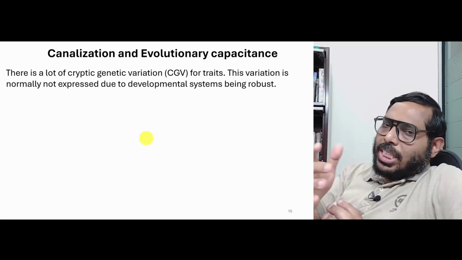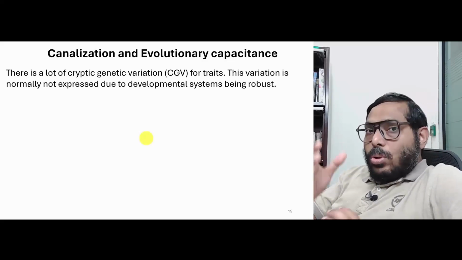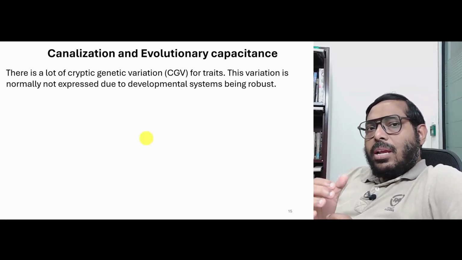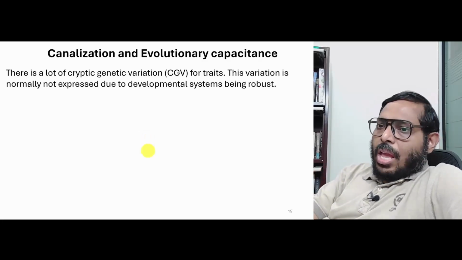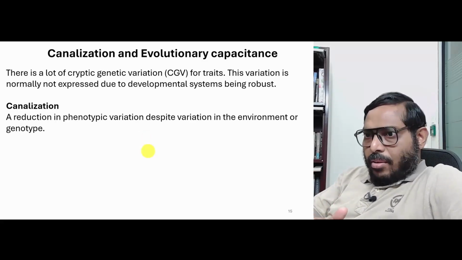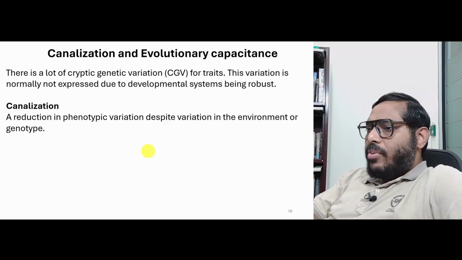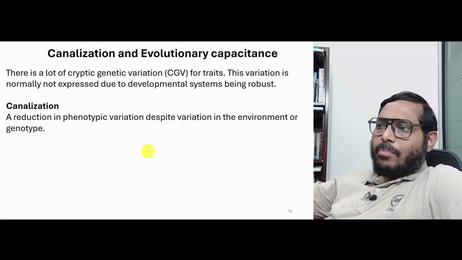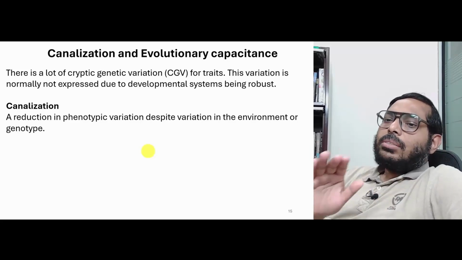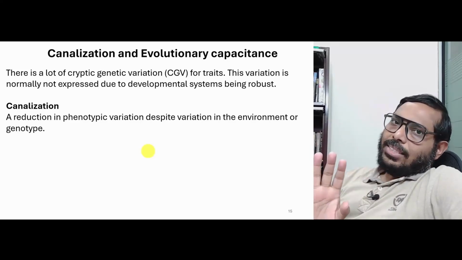We just talked about HSP90, but there can be other things also which lead to all these variations not being expressed. And this phenomenon wherein there is a reduction in phenotypic variation despite it being present, either in terms of the environment or in terms of the genotype, is what is known as canalization.